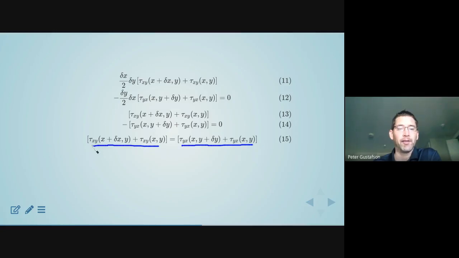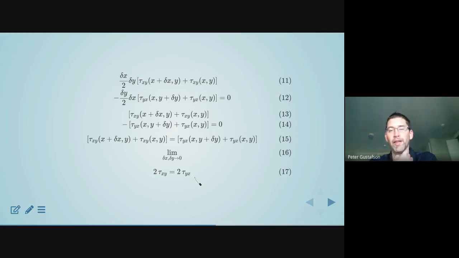In the limit, as dx goes to 0, the left-hand side becomes tau xy x plus 0 plus tau xy x. So that's just going to be equal to 2 tau xy. Similarly, the right-hand side in the limit becomes 2 tau yx.